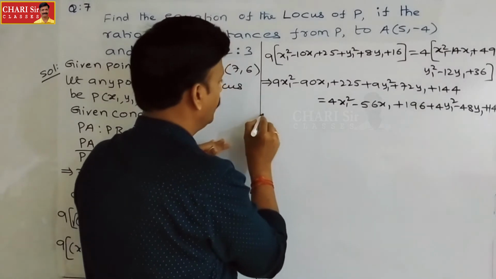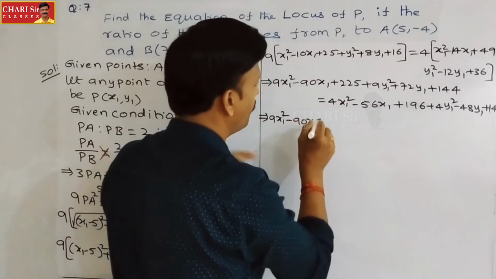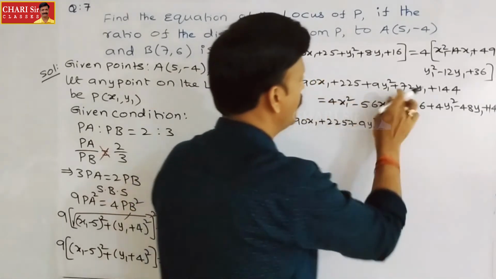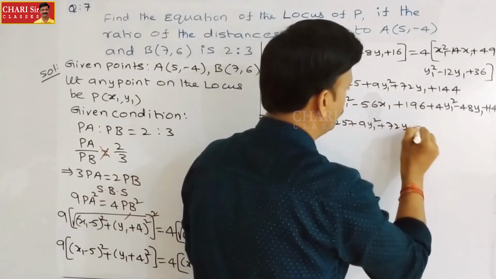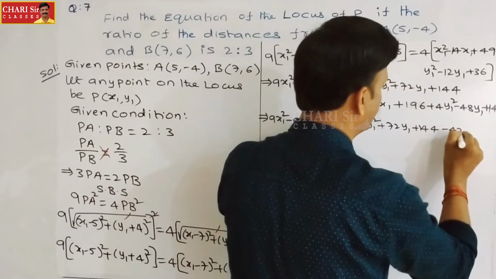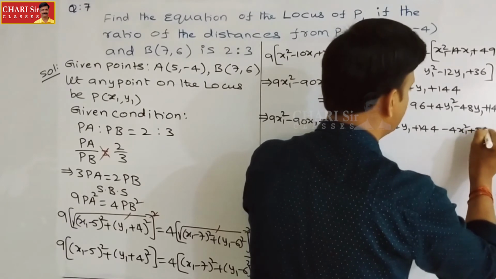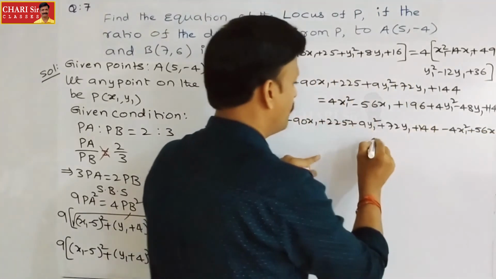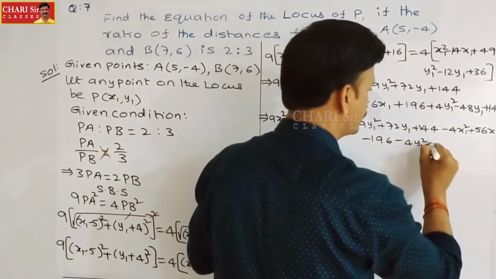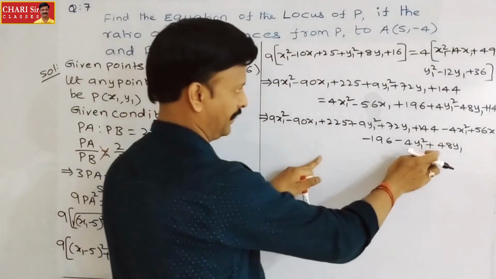So that is 9x1 square minus 90x1 plus 225 plus 9y1 square plus 72y1 plus 144, and taking 4x1 square inside, that is minus 4x1 square minus 56x1, so that will be plus 56x1 and minus 196, minus 4y1 square plus 48y1, because minus 48 is there, when we are taking inside it becomes plus 48y1.